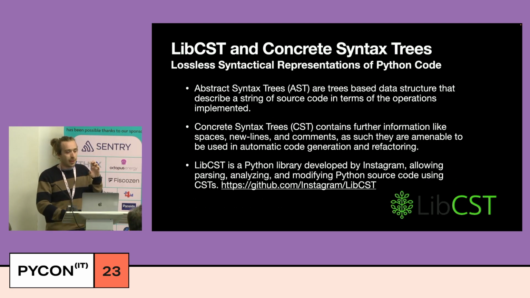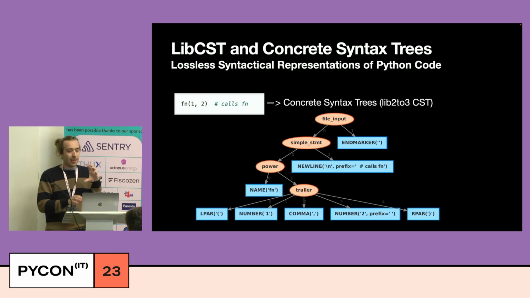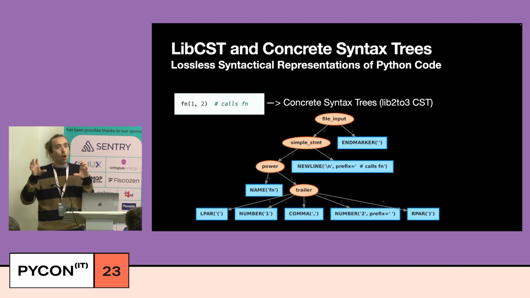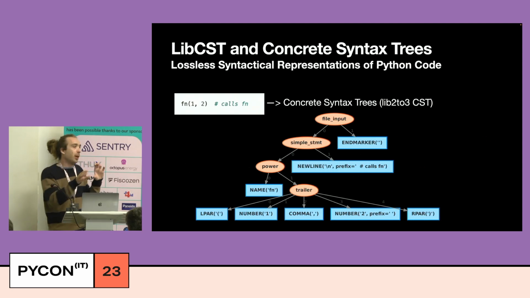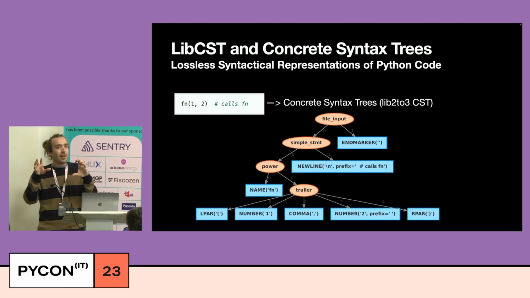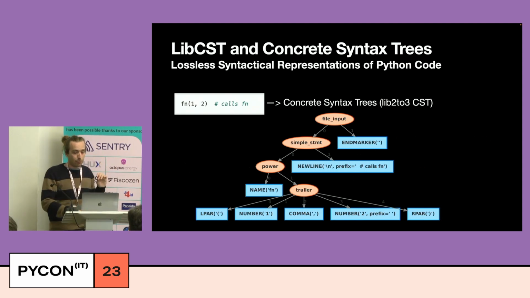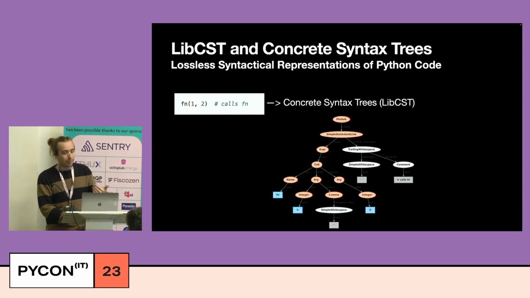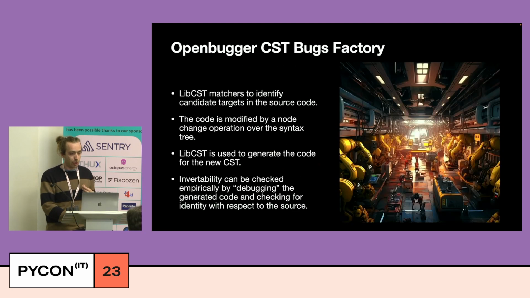A concrete syntax tree also contains spaces, comments, and new lines, which means that there is a one-to-one mapping from concrete syntax tree to string, while there are multiple abstract syntax trees that could correspond to the same string of code. Because of this, it can be used for code generation, and that's what Black or other linting packages use. We are using LibCST, the Instagram, so Facebook, open source library, and it is kind of the state of the art for code generation.